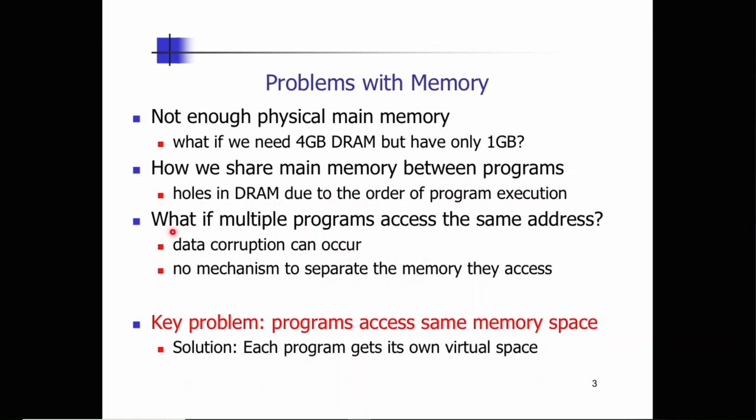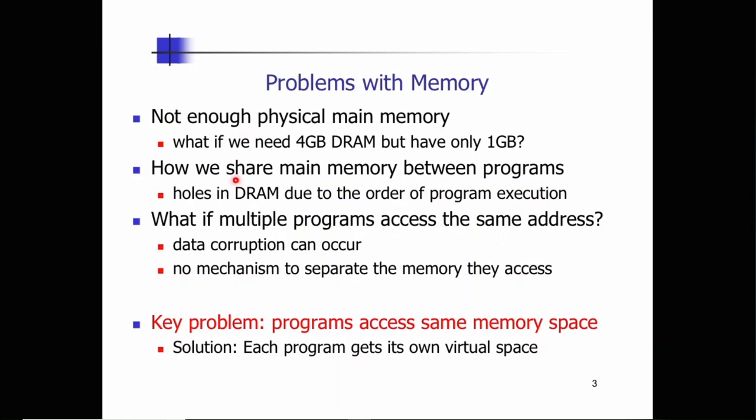Now, the third problem that could happen is, what if there are multiple programs that are trying to access the same physical address? In this case, data corruption could occur, because the different programs are trying to write to, for example, the same physical address. It is a problem because we do not have a mechanism to separate the memory they access.